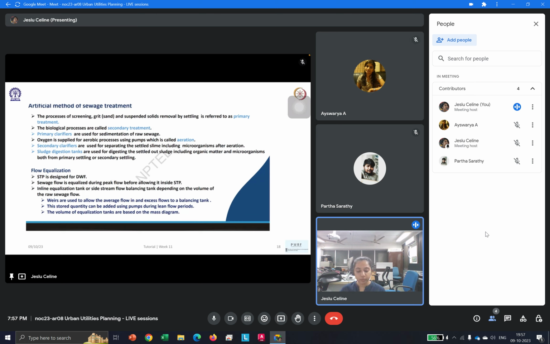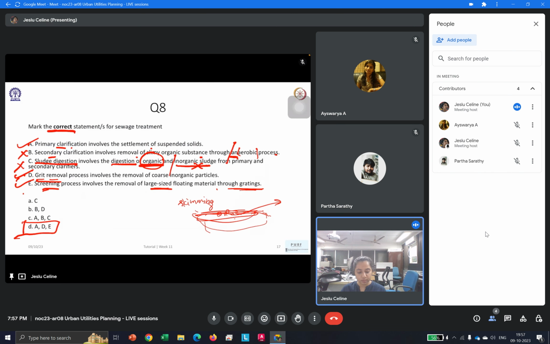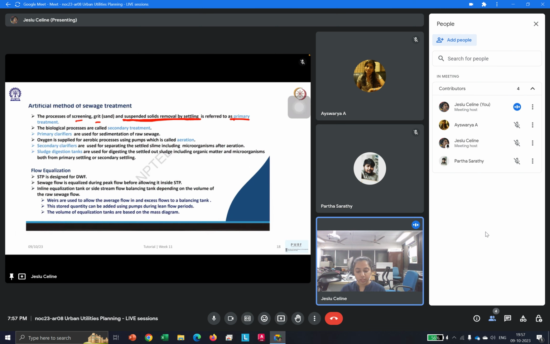So this is what we saw. Primary treatment can be screening, grit, suspended solids removed by settling. This was the first one. The plant involves the settlement of suspended solids. So that is primary treatment. Then we have primary clarifiers used for sedimentation of raw sewage. Sedimentation again, that is what we discussed in our option one. Oxygen is supplied for aerobic, this is okay.